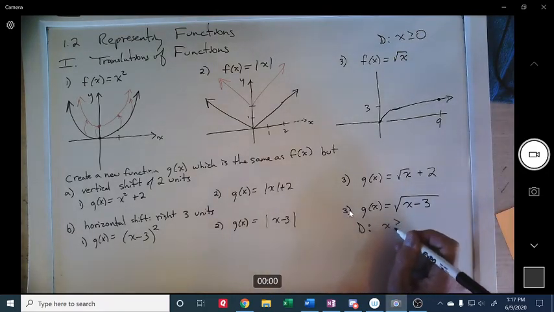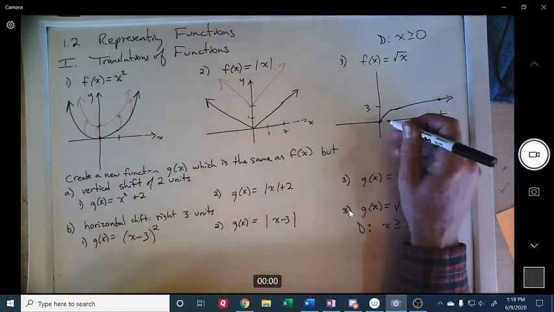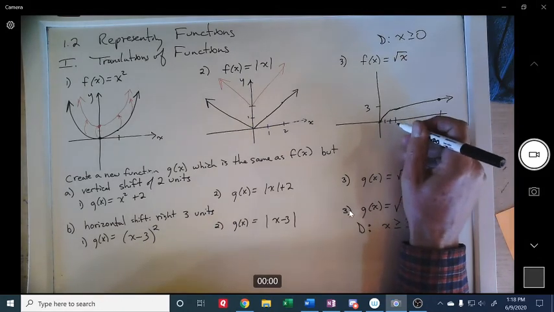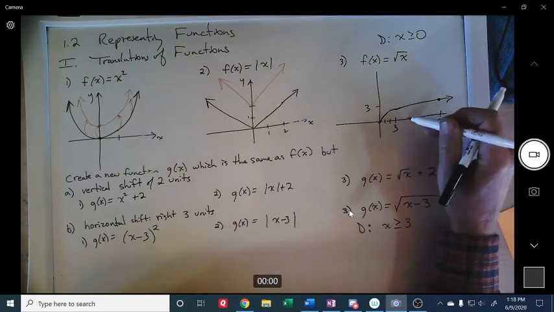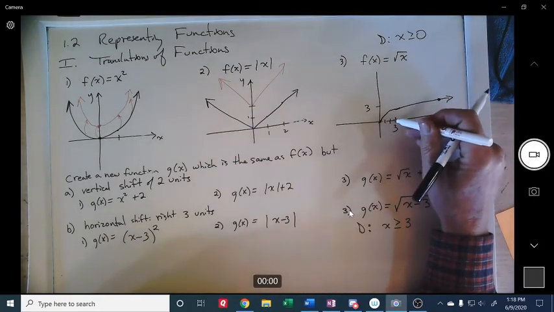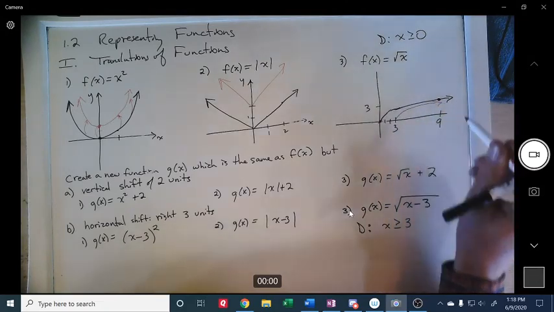So x must be greater than or equal to 3. So we must start our graph not at x equals 0, but at x equals 3 over here. So this shape has been slid over to here, and we're going to wind up like this.